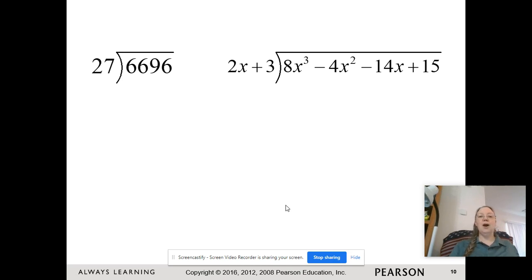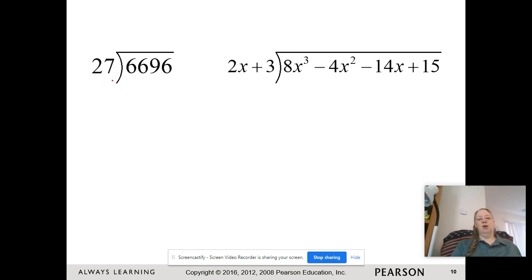So this is a refresher on how you do long division with numbers. And the reason why I refresh how to do long division with numbers is because you actually do long division with polynomials. It's the same method, but there are some tweaks because it is a polynomial as opposed to just numbers.